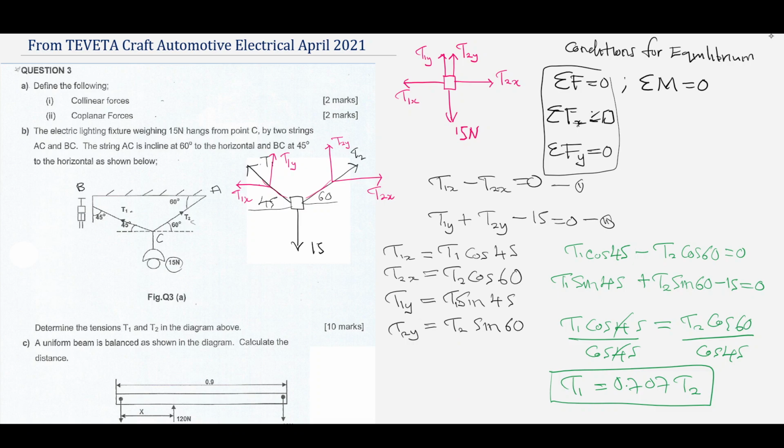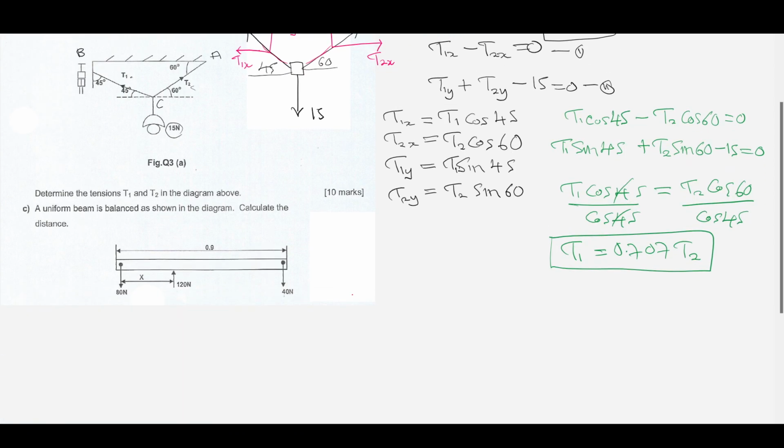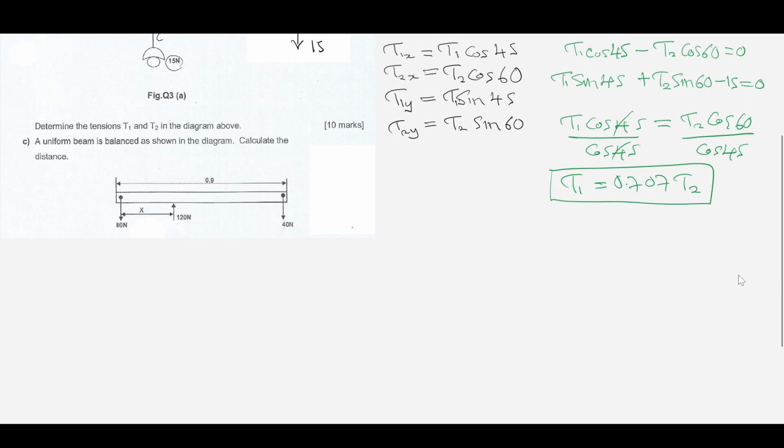Okay, so let's now solve for T2 using the other equation. We use this equation, T1 sine 45 plus T2 sine 60 minus 15 is equal to 0. But we know that T1 is equal to 0.707 T2.